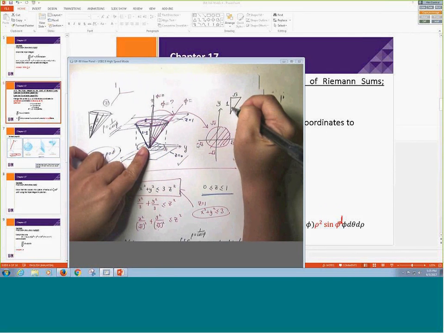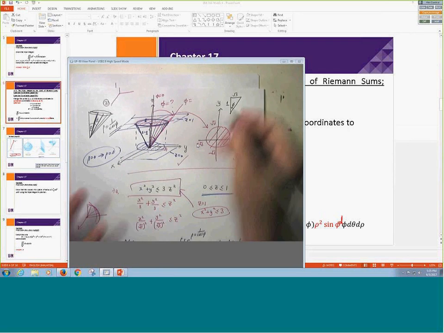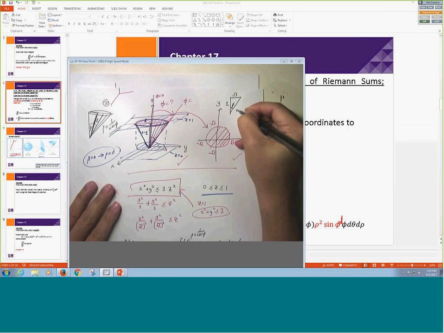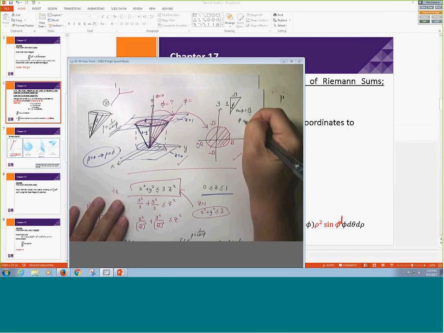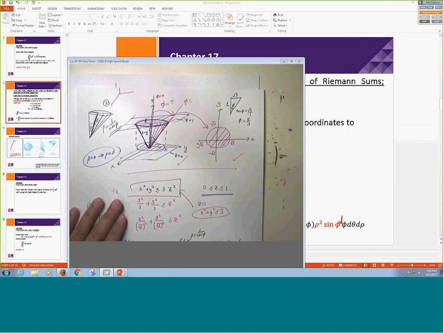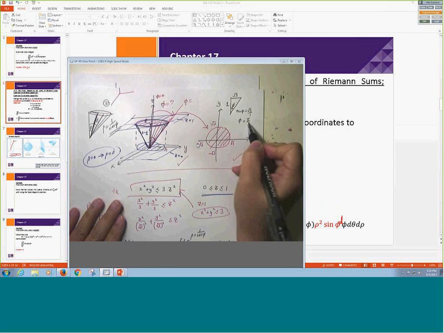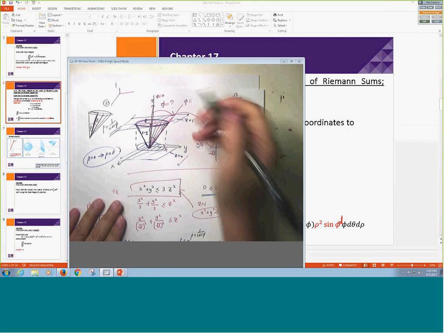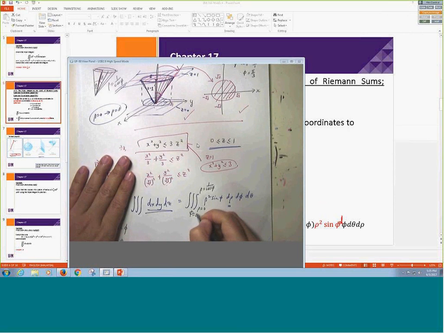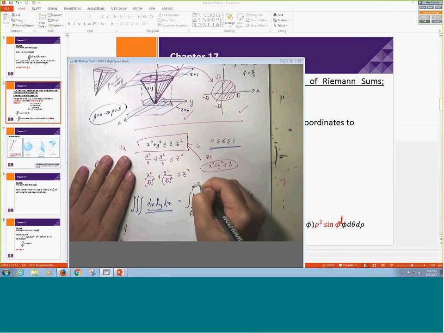So we can find phi easily because tangent phi will be 3 over 1, and phi is pi over 3. That is 60 degrees; tangent 60 gives you 3. So phi goes from 0 to pi over 3.